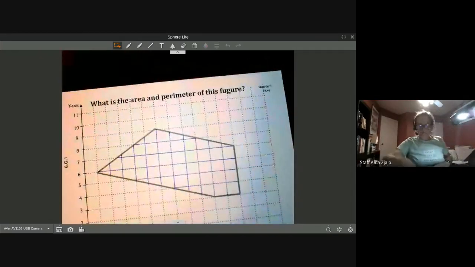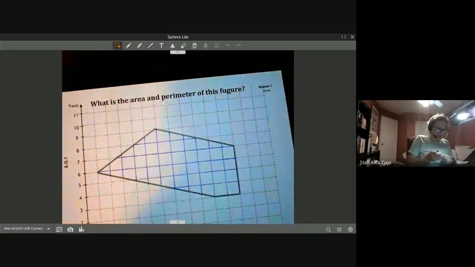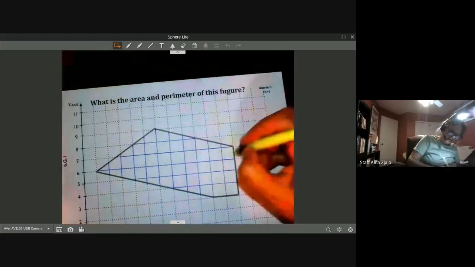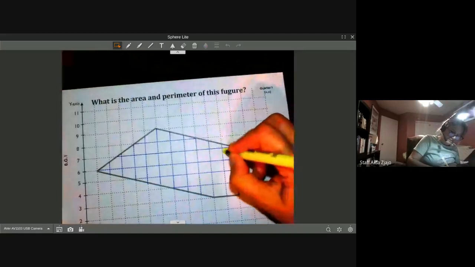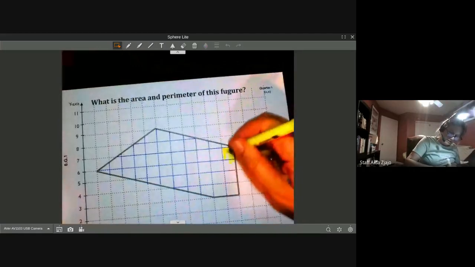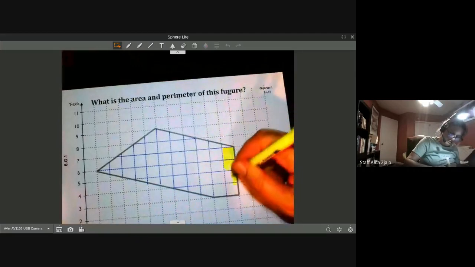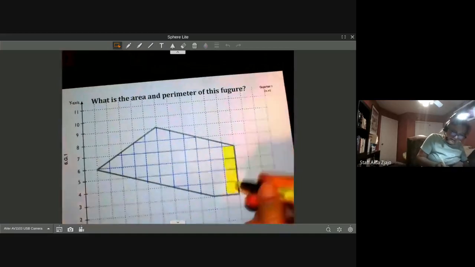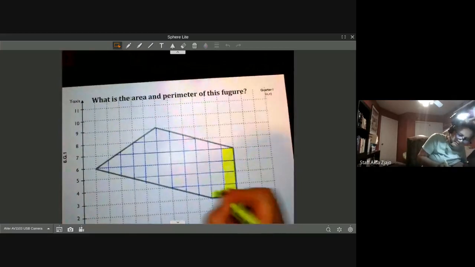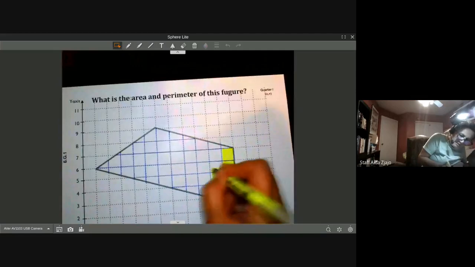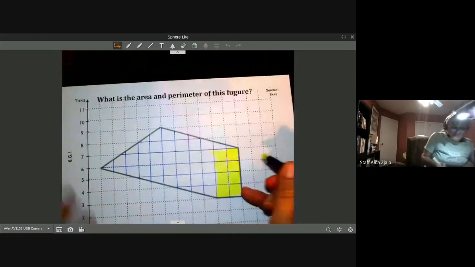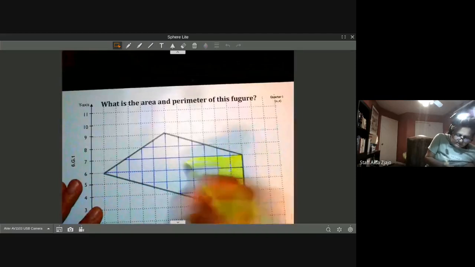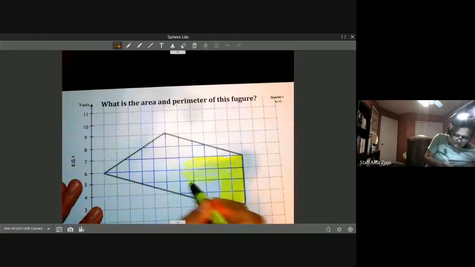Okay, I'm going to highlight every whole square, so I can see this one is whole, and all that because it's a right triangle, sorry, a right angle.